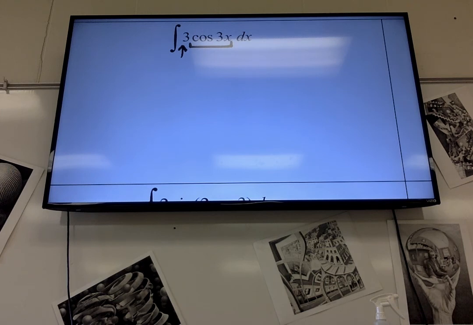So the derivative of cosine is negative sine. So how do I go backwards? It's just going to be sine. Shouldn't it just be sine?